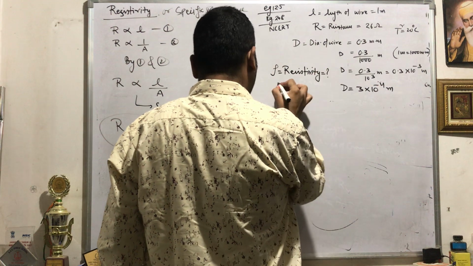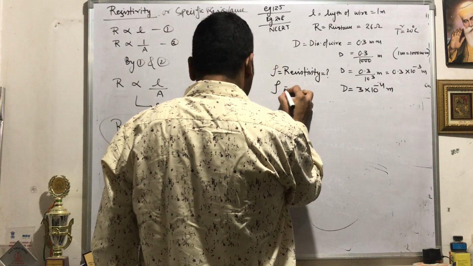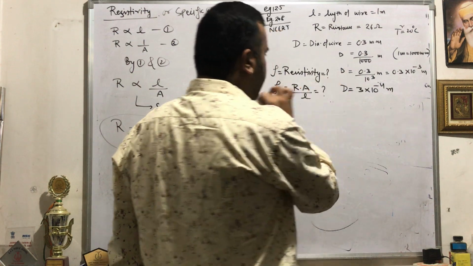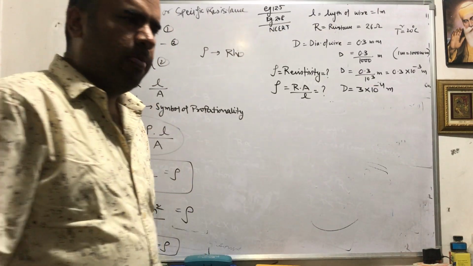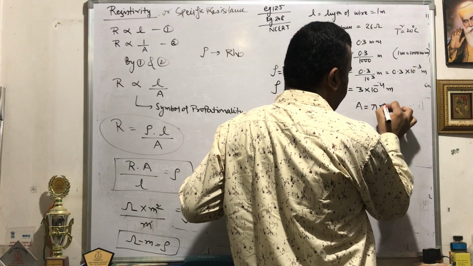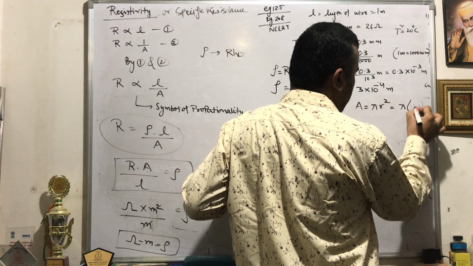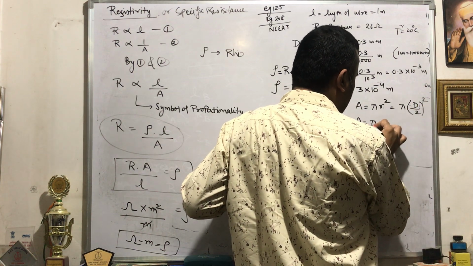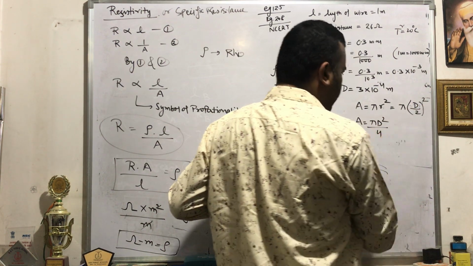The formula for resistivity is R into A upon L, but area is not given to us here. So I am writing a direct formula for you. As I have told you, wire is circular, pi r square, and in place of r you write d by 2. Or you can learn a direct formula, that area is pi d square by 4.